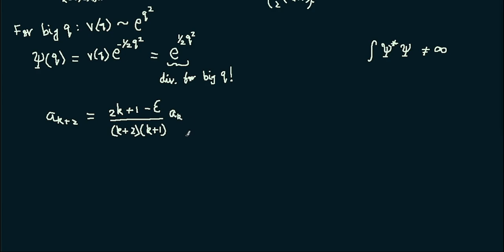So this series has to break off. What that means is that there must exist an index a_n which is equal to 0. Because if a_n is 0, then a_{n+2} would be 0, and then a_{n+4} would be 0, and so on. So all the terms after that would be 0.